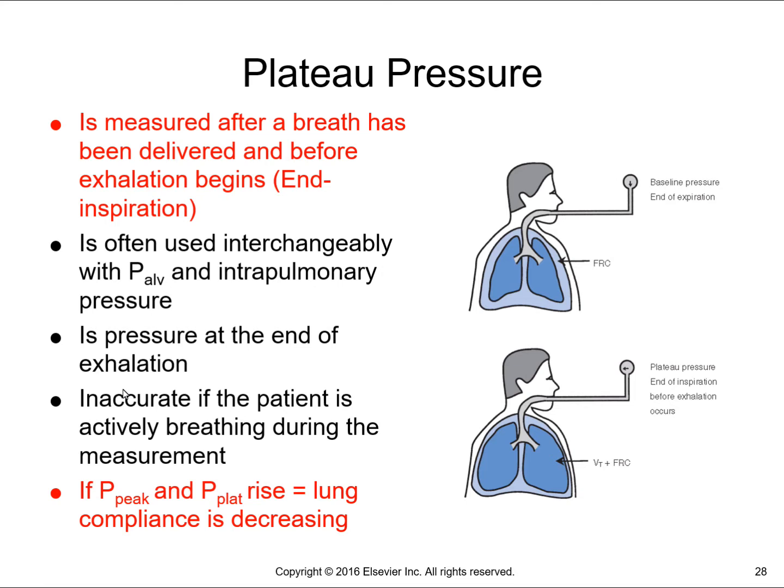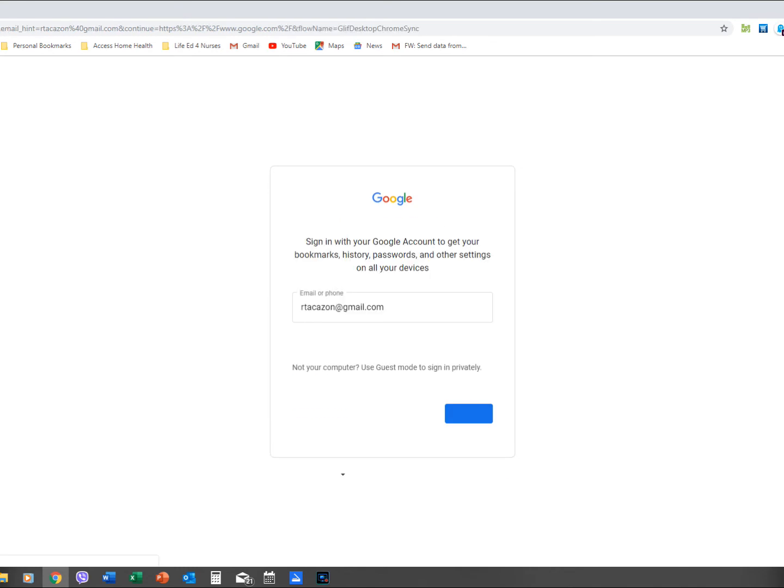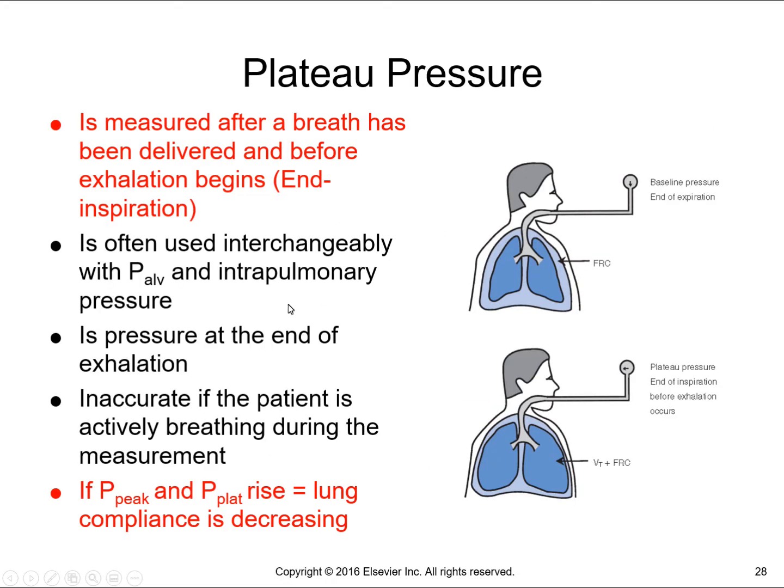It's just stuck in the lungs, and so the ventilator measures how much pressure is left in the lungs without any type of movement. Versus dynamic compliance, which deals with a lot of air movement as well as the stillness of the alveoli when you try to calculate the plateau pressure.